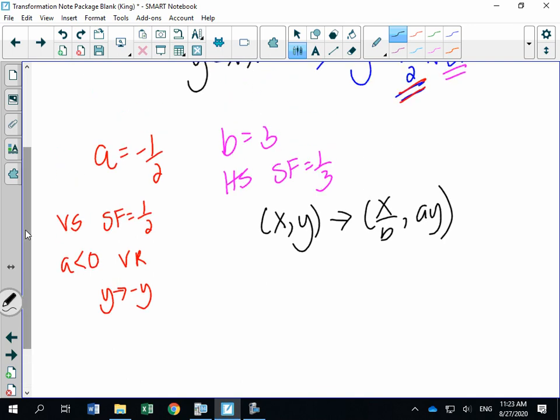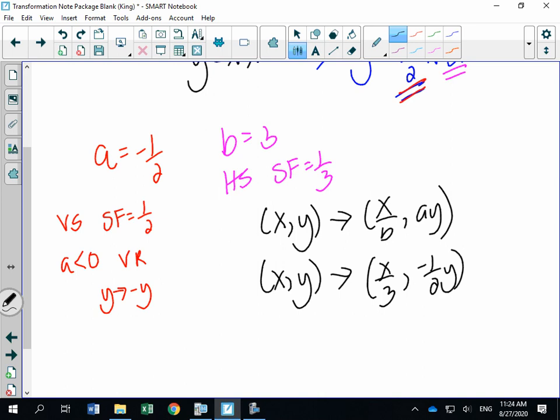So x, y goes to x over 3. Remember, I could say x over 3, or I could say x times a third. That's the same thing. And then my y point is a times y, so negative 1/2 times y.